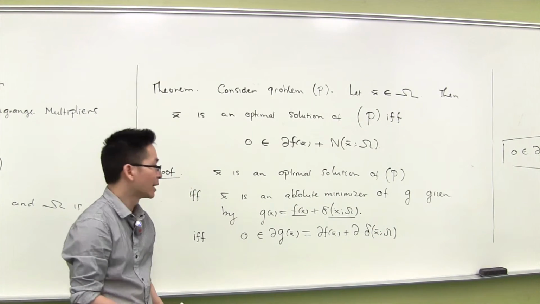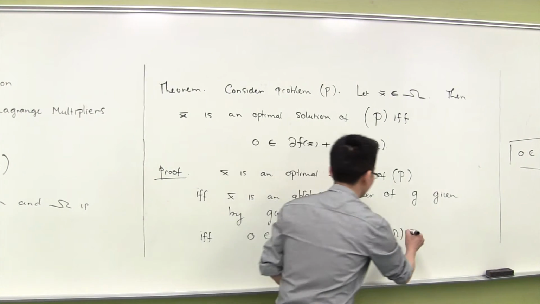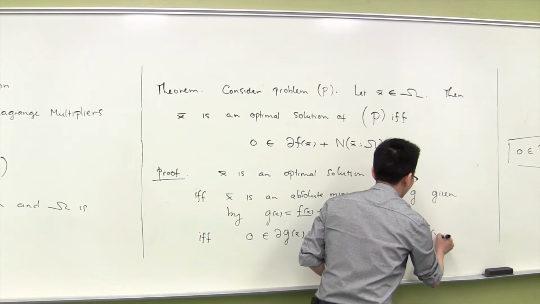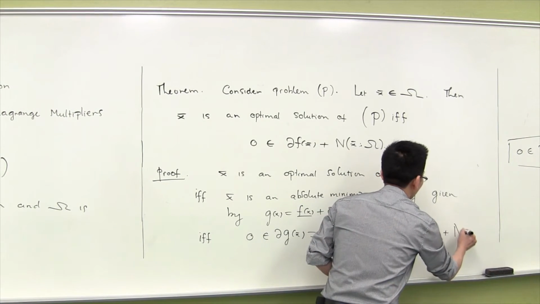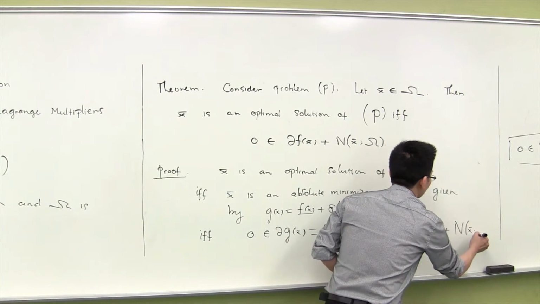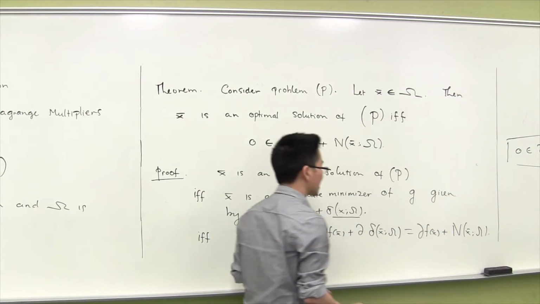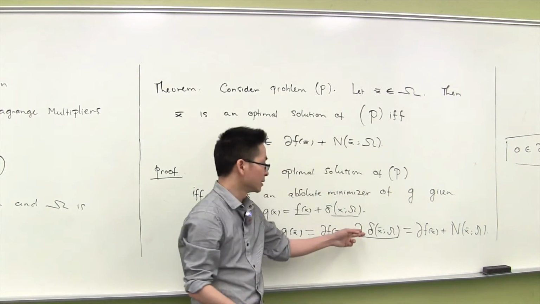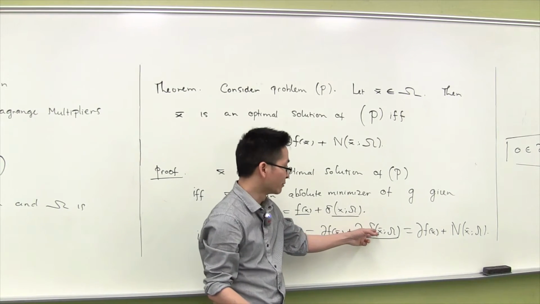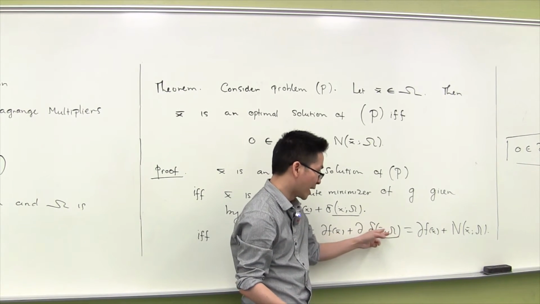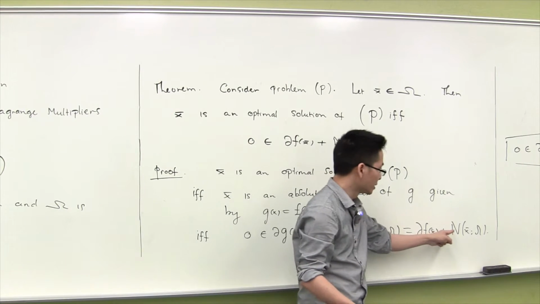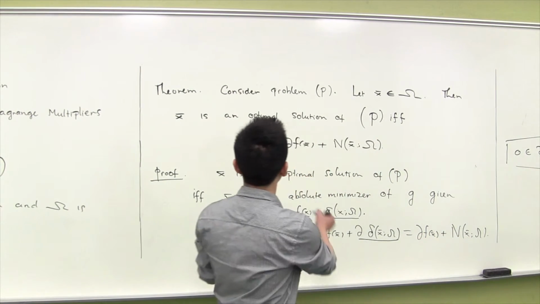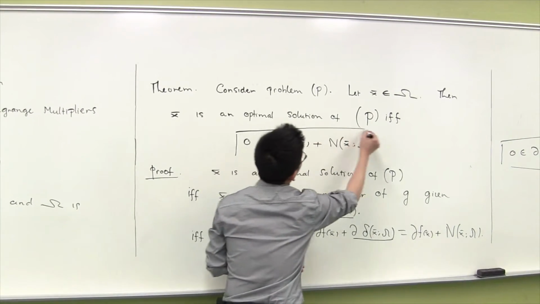We already proved earlier that the subdifferential of the indicator function associated with omega at x bar is equal to the normal cone to omega at x bar, and therefore we obtain this result.